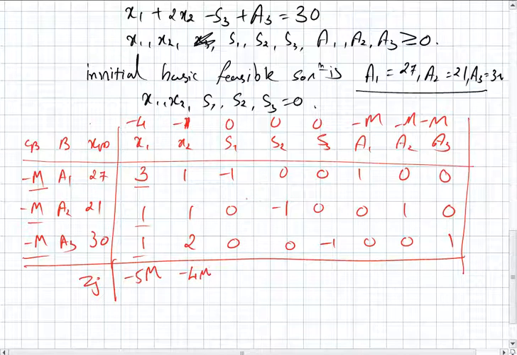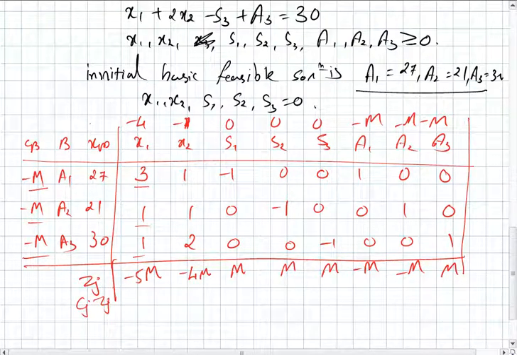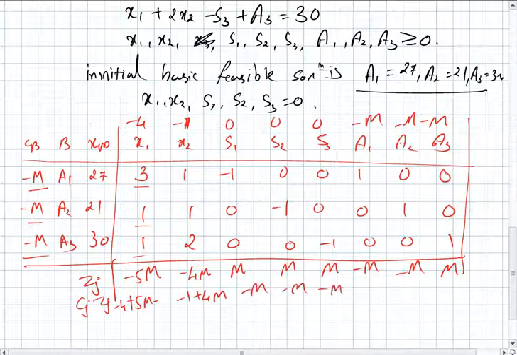Here it is M, here it is M, here it is also M, and here it is -M, -M and -M. Cj minus Zj: here it is -4 plus 5M, here it is -2 plus 4M, here it is -M, -M, and here it will be 0, 0, 0.